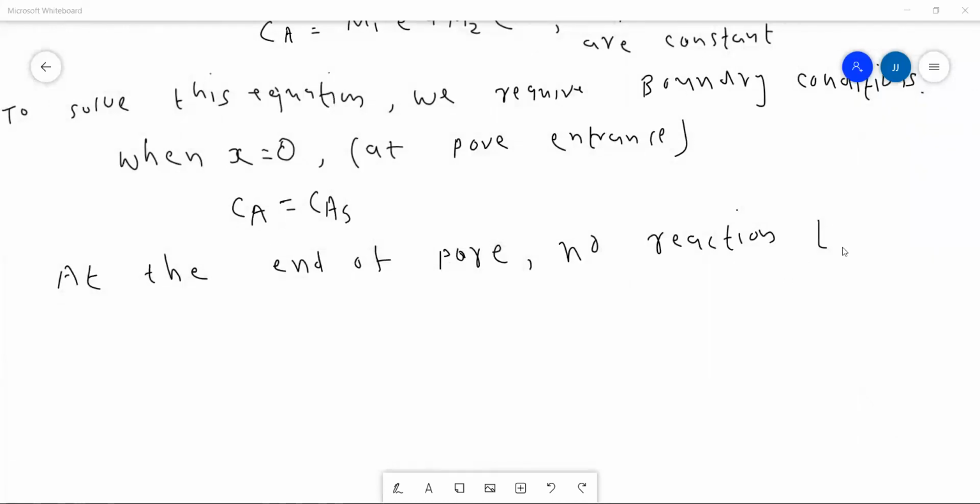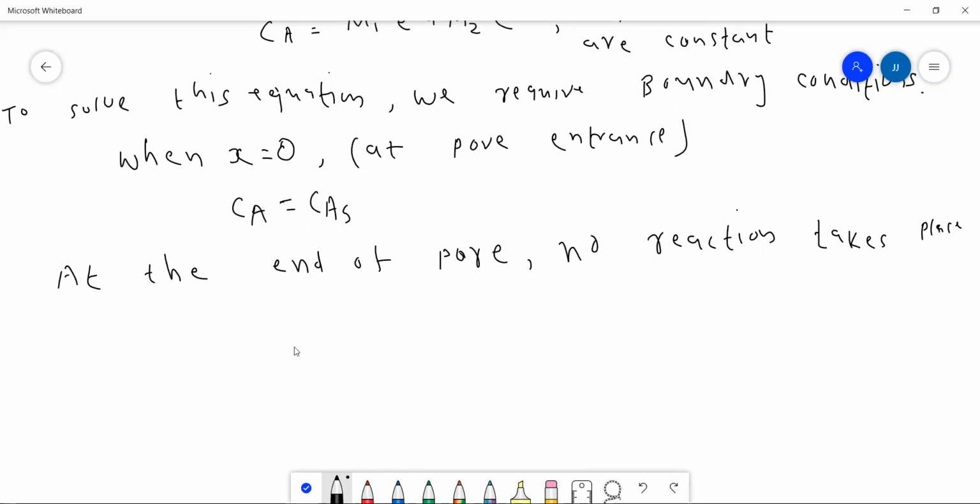So at the end of the pore, no reaction takes place, right?